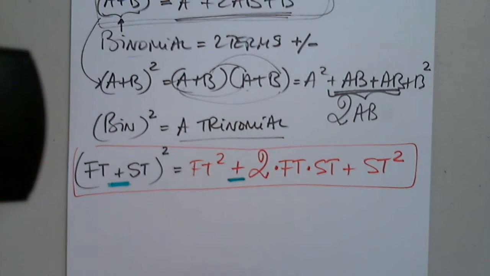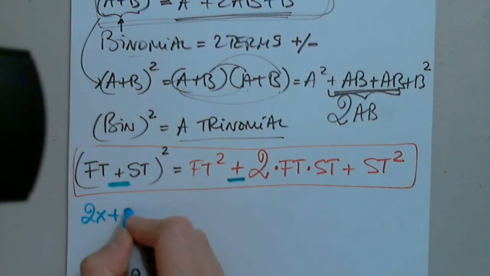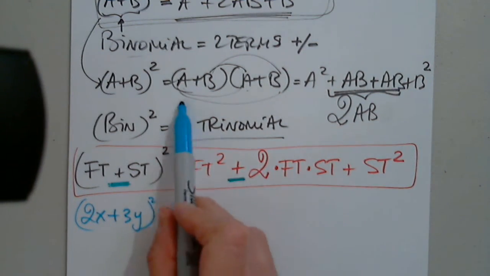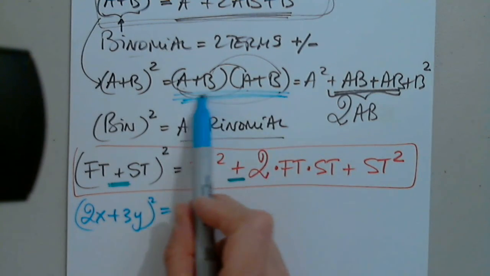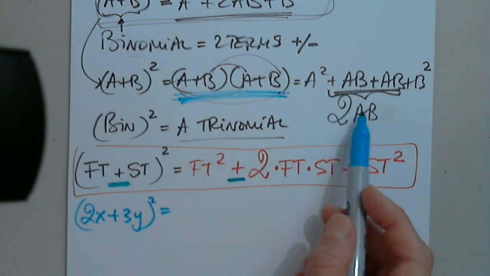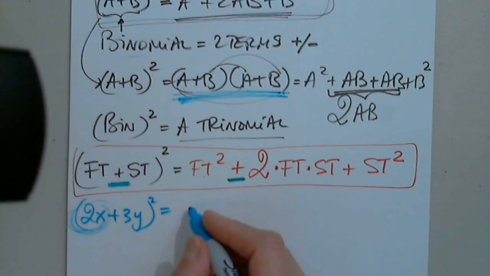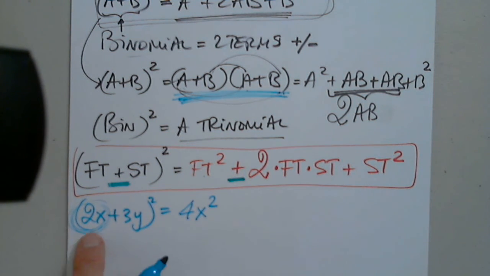So now, what's the use of this? Speed, first of all. If I want 2x plus 3y squared, I don't have to FOIL them. Let's not FOIL anymore. So I have the first term squared. This is the first term, and when I square the first term, what do I get? 2x squared. Good. Careful, we square the whole term.